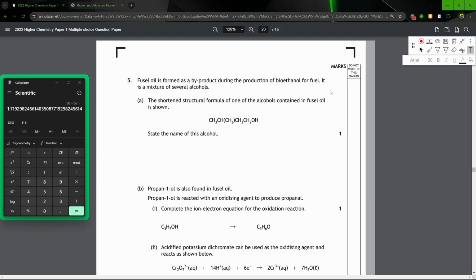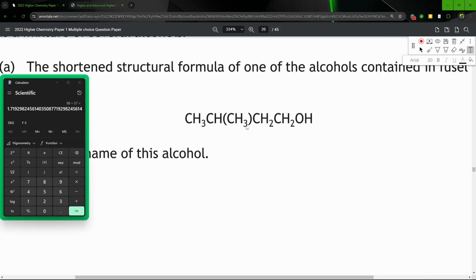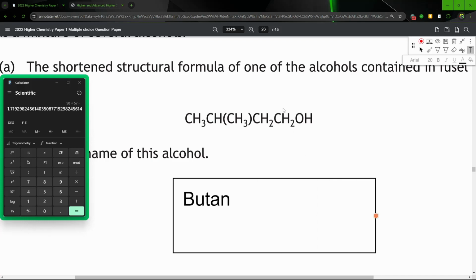So this should be nice and simple. So you can see already it's going to be a branched chain. So we're going to ignore this bracket for now, but I'm just going to count up how many carbon atoms there are. So we got 1, 2, ignore this, 3, 4. So that means it's going to have a base of butanol, and we see the OH is on our terminal carbon there, and we're going to start counting from this side.